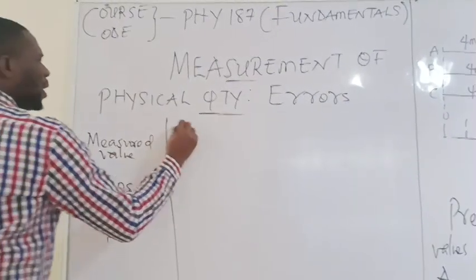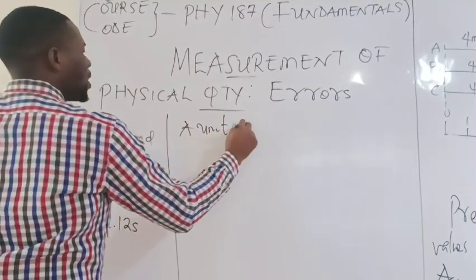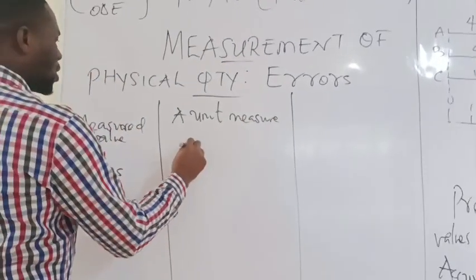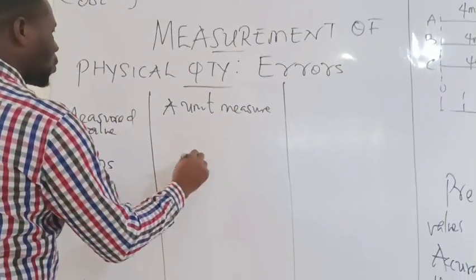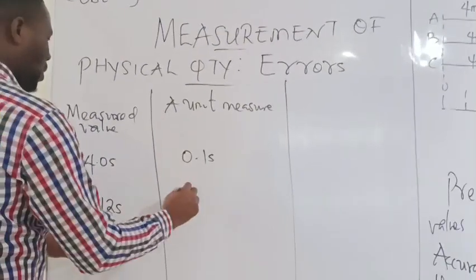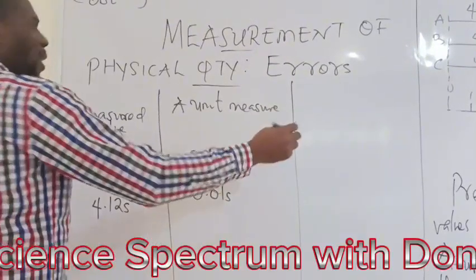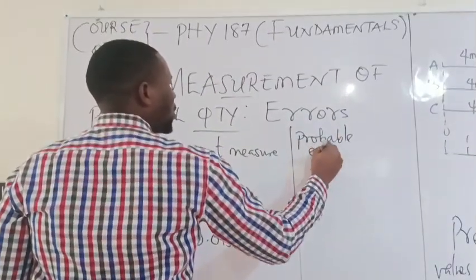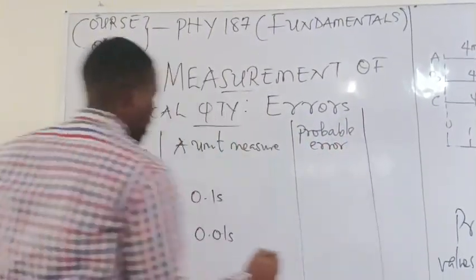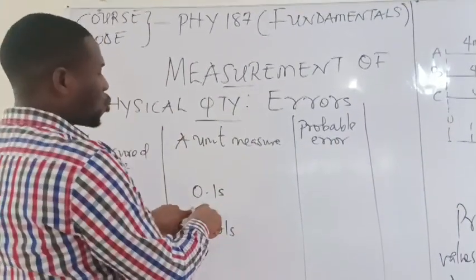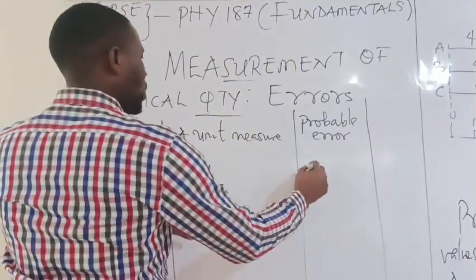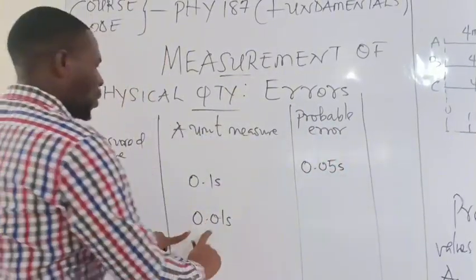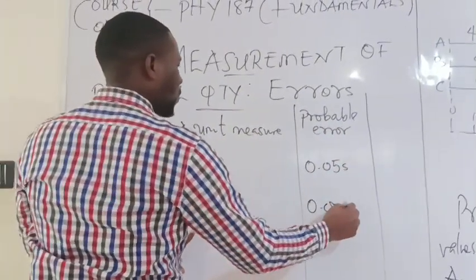Now definitely, a unit measure we could tell this is to one decimal, this is 0.1 second, and of course this is 0.01 second. Now I could tell you what the probable error is. The probable error is just dividing the unit measure by 2. So when you divide this by 2, you get 0.05 second. And when you divide this, you get 0.005 second.